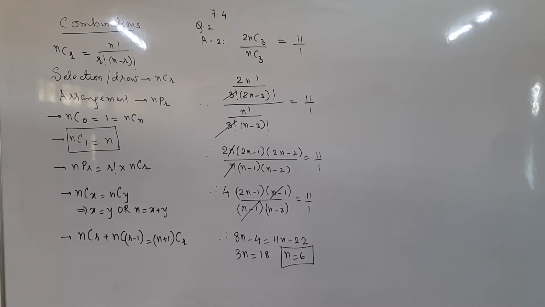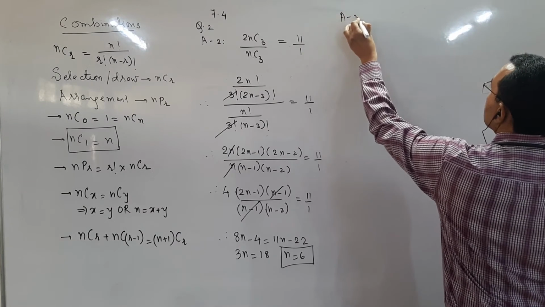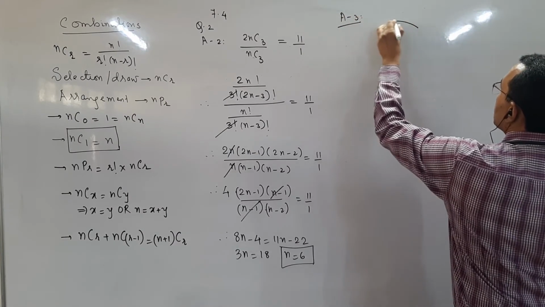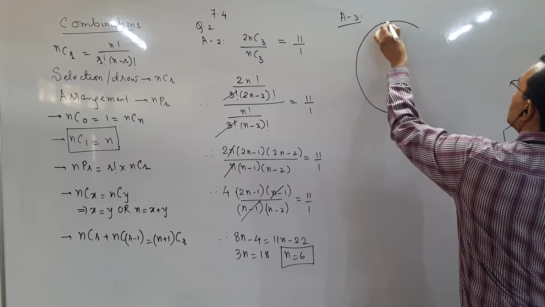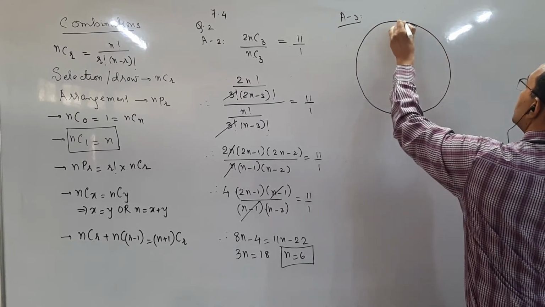Okay students, now we are doing the third sum. A circle is given which has 21 distinct points. Say answer 3. A circle is given and this circle has 21 distinct points.